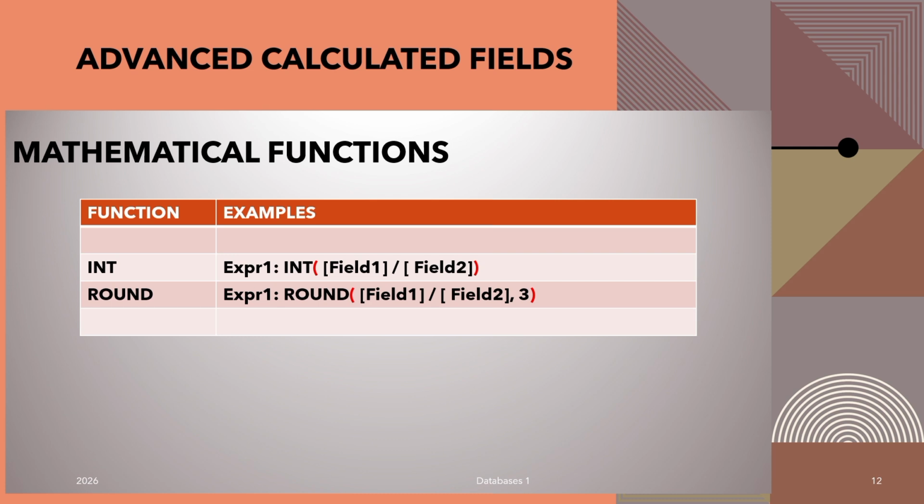That is your Int function. The Round function is going to round a number to a given number of places, in this case 3 decimal places. I suggest that you pause the video so that you can look at the structure of these functions and have a proper understanding. Right, let's go to the next one.